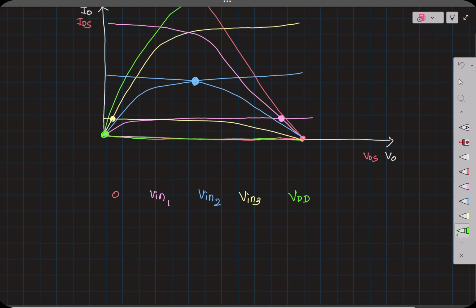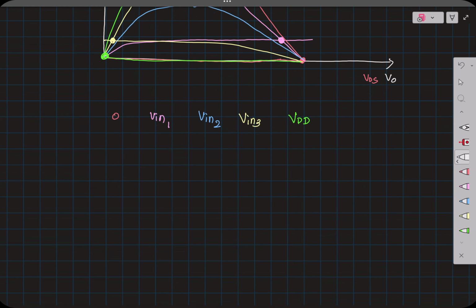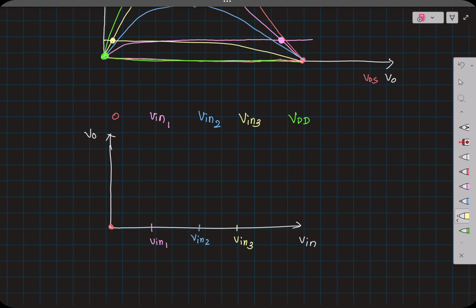How do I do that? So, I look at V0 versus Vin. I have right now points corresponding to 0, some Vin1, Vin2, Vin3, and finally VDD.